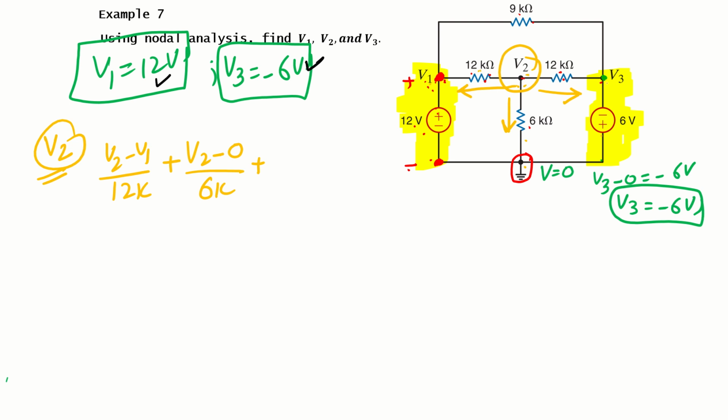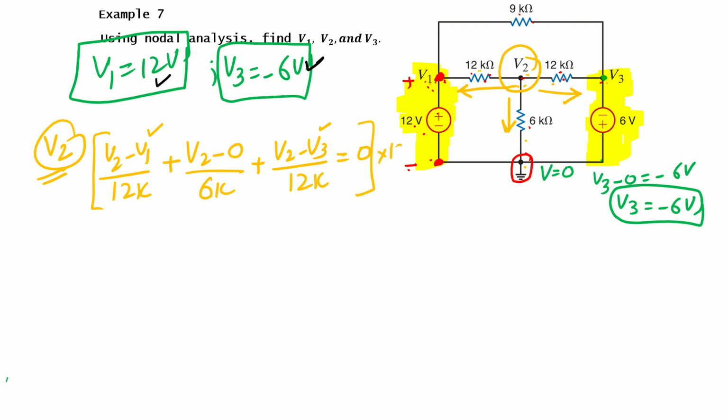Then V2 minus V3 divided by again 12 kilo. So we can simplify, we can put in the values that we know. So in this one equation, we have one unknown, because we know the value of V1 and V3, we just need to find the value of V2.